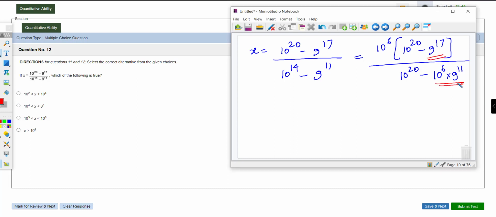The lower term is greater. So in the denominator the greater term is getting subtracted from 10 to the power 20. So we can see that the denominator is smaller than the numerator. So the value of this fraction is going to be more than 1, which means the value of x is going to be more than 10 to the power 6.